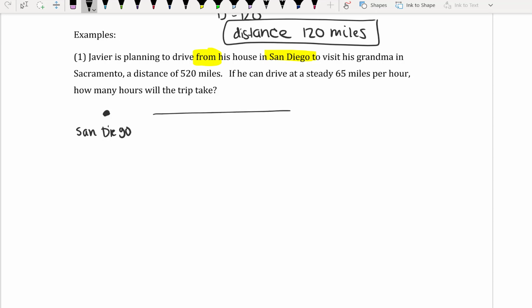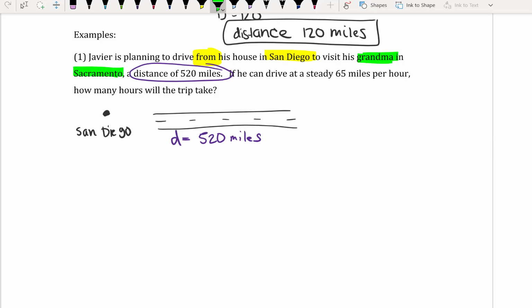Then he needs to travel a distance. So let's think of this as a road. And he's traveling on this road for a total distance of 520 miles. And that is your distance. And it says he wants to visit his grandma in Sacramento.